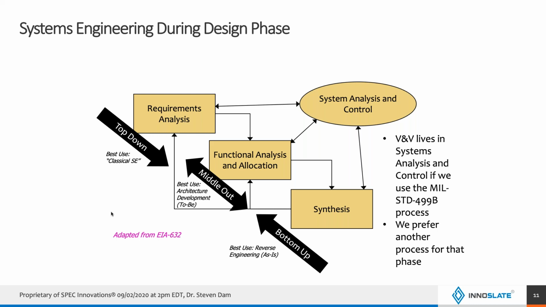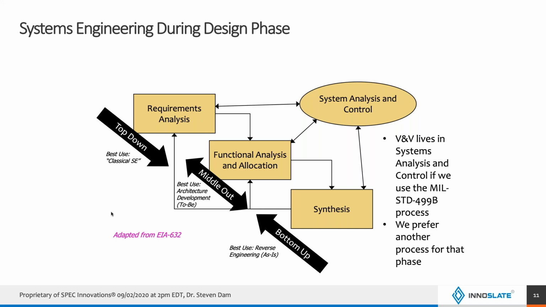That set of requirements can then be flowed back down into a new, changed functional analysis to say, how do I want to change the processes? How do I want to change how I do things? And then particularly that will be influenced by new technologies as I synthesize the new solution. And so you notice this has to be a very iterative process.